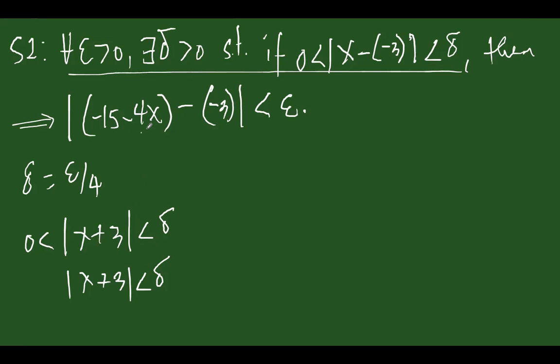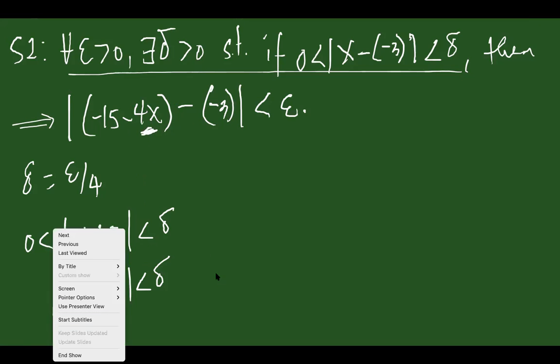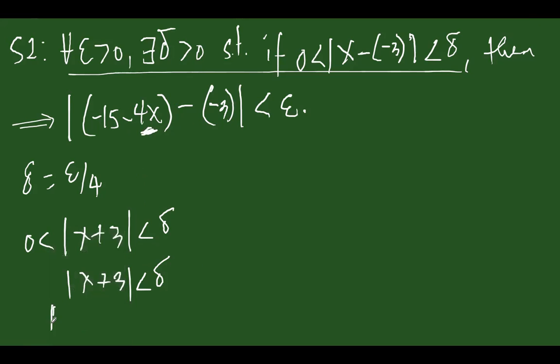First, we need to look for x here. The coefficient of x is negative 4, so we could multiply both sides by the absolute value of negative 4. So the absolute value of negative 4 times the absolute value of x plus 3 is less than the absolute value of negative 4 times delta.